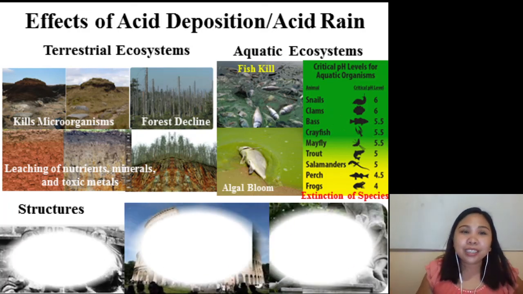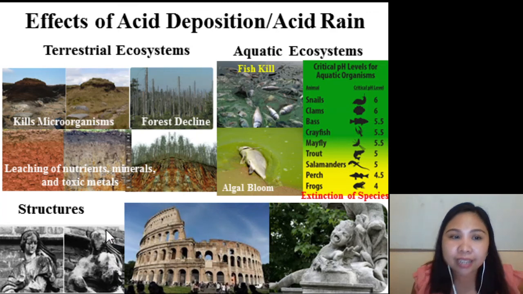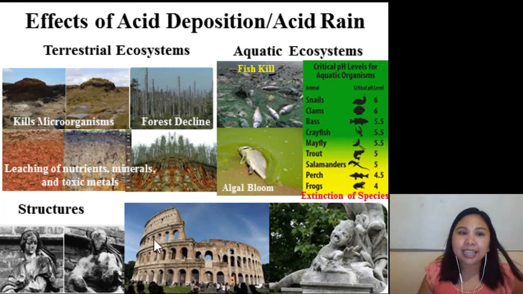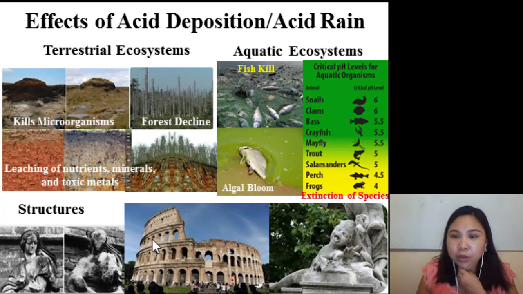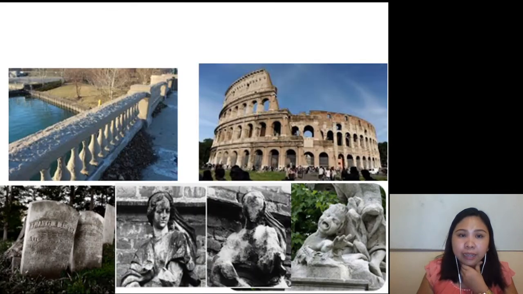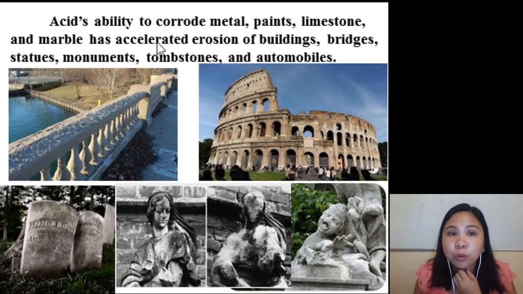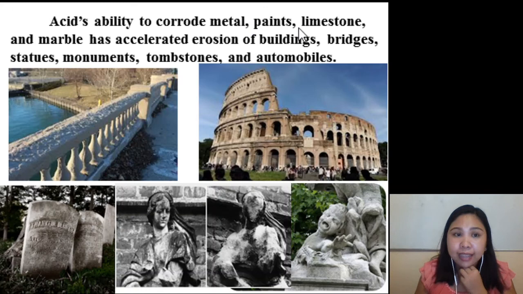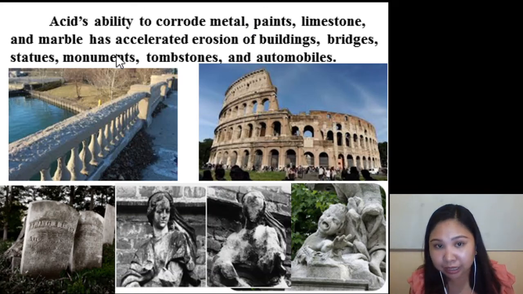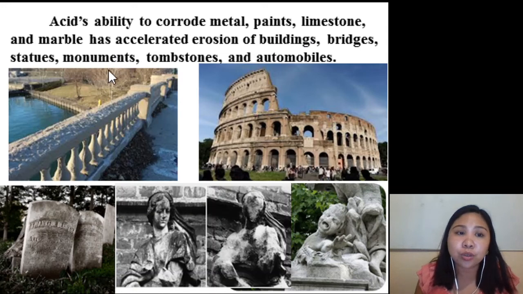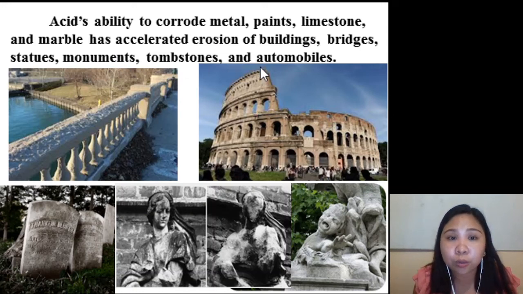So, another effect of acid rain is on the structures. Acid's ability to corrode metal, paints, limestone, and marble has accelerated erosion of buildings, bridges, statues, monuments, tombstones, and automobiles.